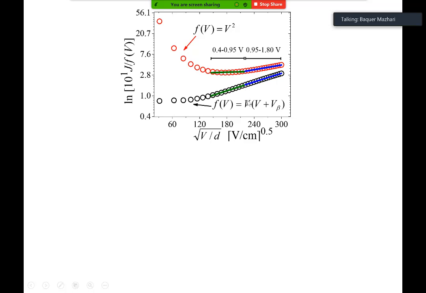On the other hand, when we use our improved model, we get a straight line over a much larger range, and the extraction of the parameters becomes easier. We empirically determine V beta of 0.88. As I said, the ideal value is 0.91, and here it is 0.88. So the device is close to ideal. And we determine mu naught and the other factors, the field enhancement factor.